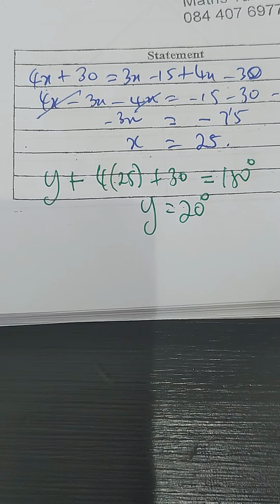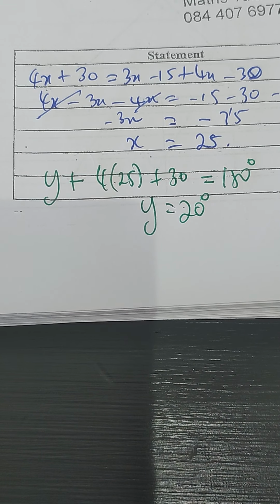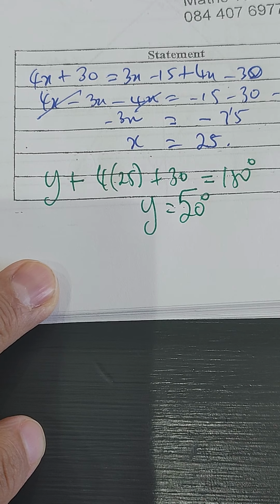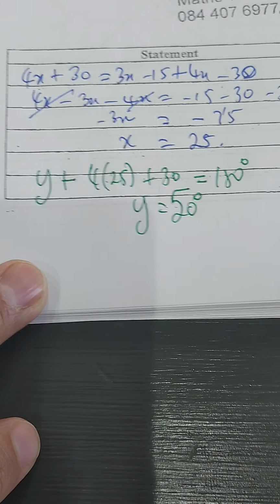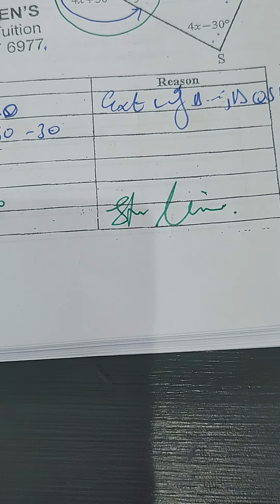Let's check: 4 times 25 plus 30 is 130, and 180 minus 130 is 50. And your reason there is angles in a straight line.